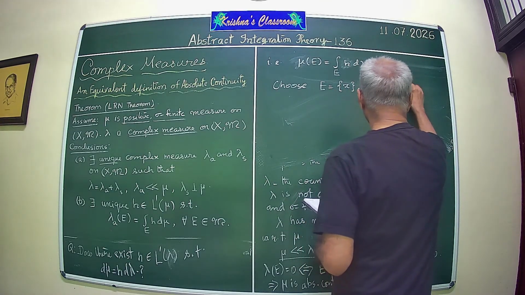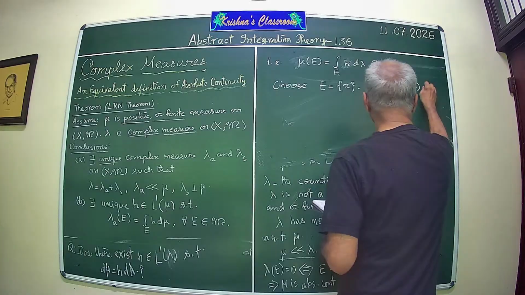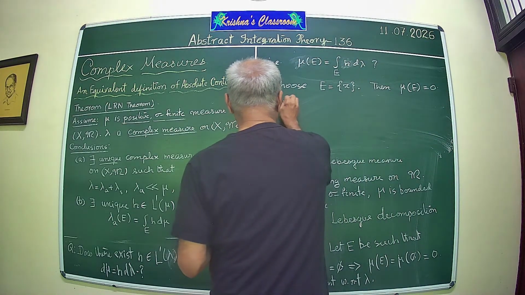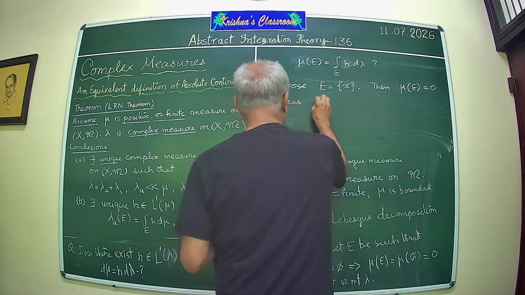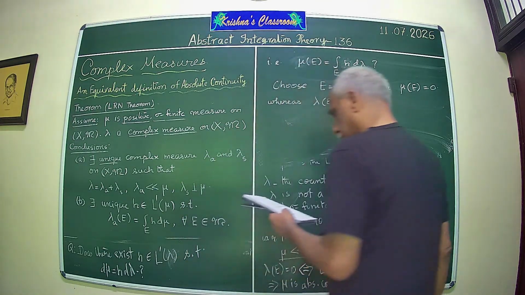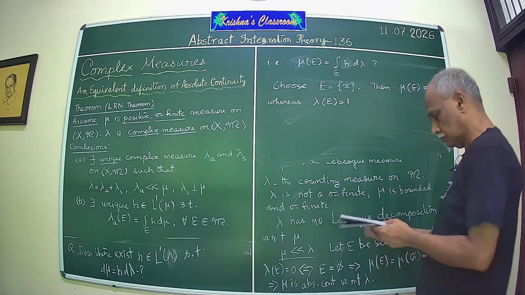Then mu E equal to 0, whereas lambda E equal to 1.